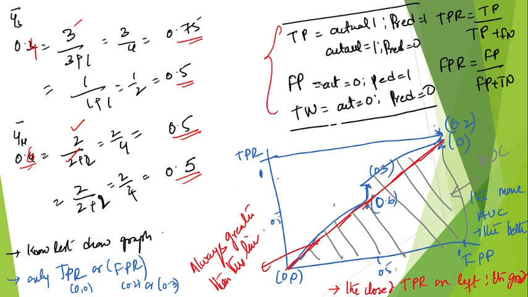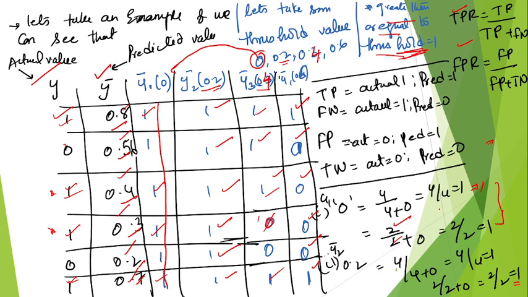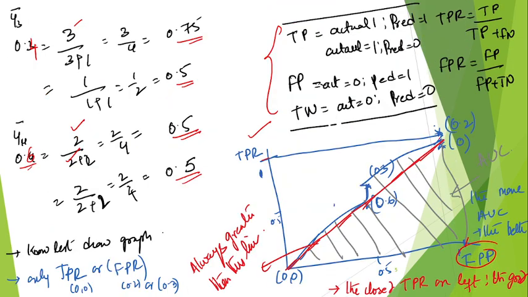Now let's take a graph. We derive a graph that starts at 0, 0, and I have taken 1 as the maximum on both axes. On my y-axis I have taken TPR, and on my x-axis I have taken FPR. Now, the first point, when it is 0, 0, I have got 1.